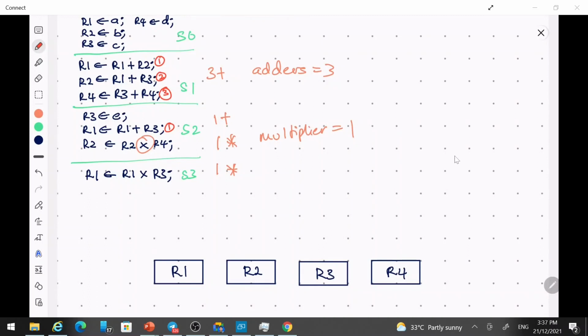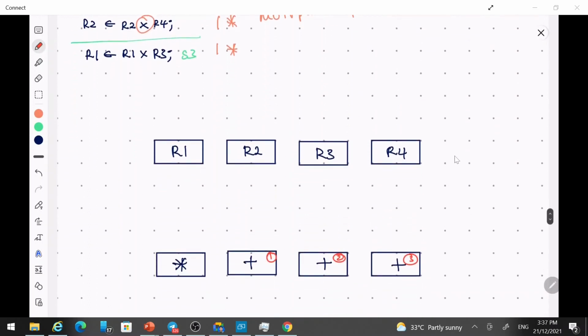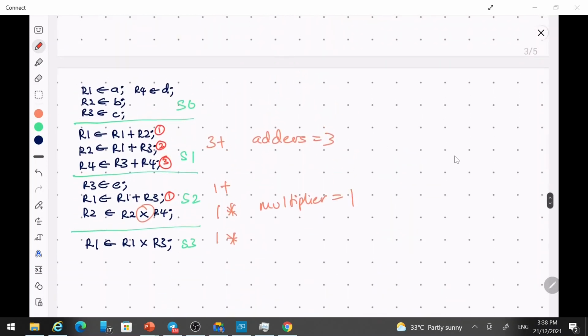All right, now we want to connect this. How is this connected to each other? How is R1 connected to the multiplier, how is R2 connected to the adder, and so on. Again, we need to look at the RTL code.